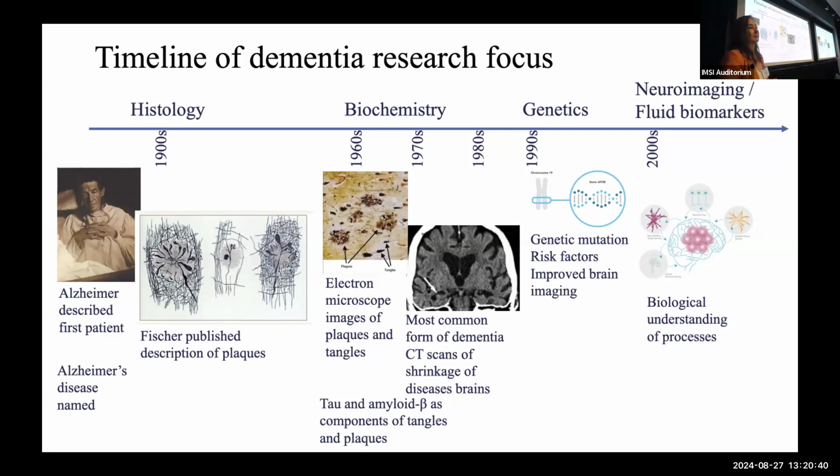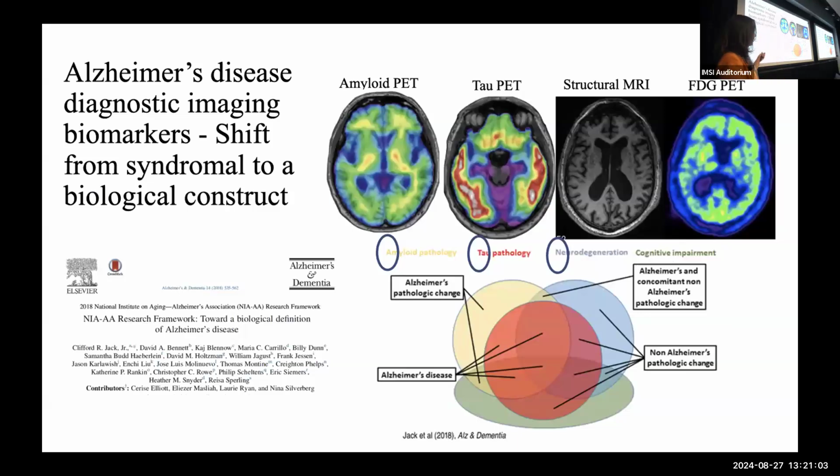But through these years, with advancements in technology, starting with Alois Alzheimer and his colleagues observing amyloid plaques and tau tangles, we were allowed to have a biological definition of the disease, which suggests what we call an amyloid-facilitated tauopathy.